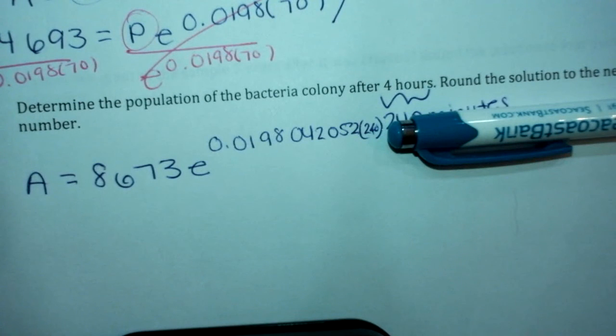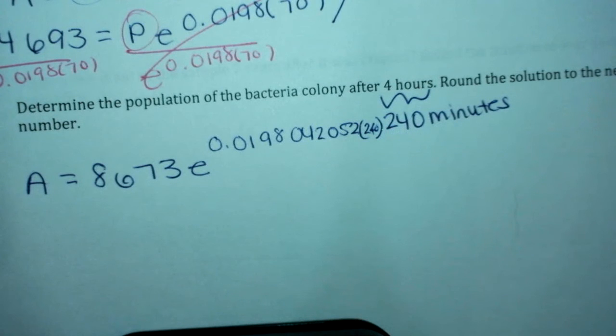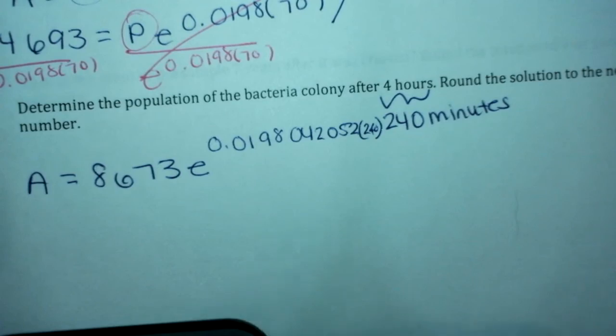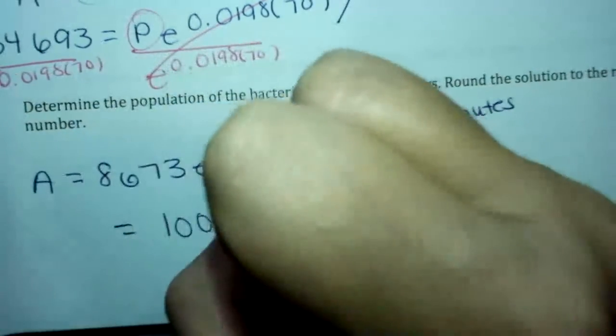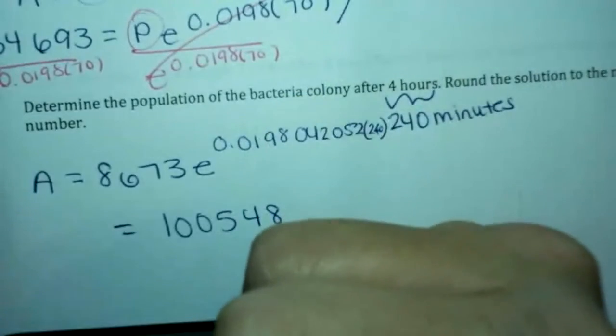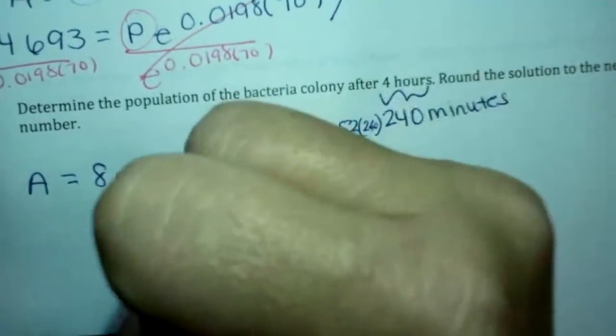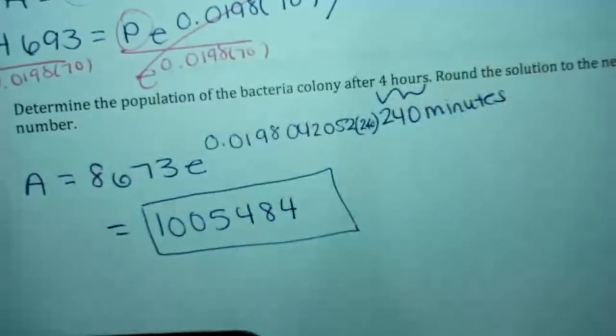That will give us our final answer, rounded to the nearest whole number, of 100,548, since that 3 is going to round down. So that'll be our population.